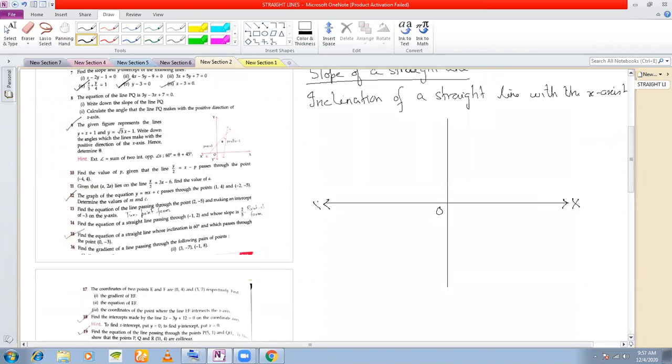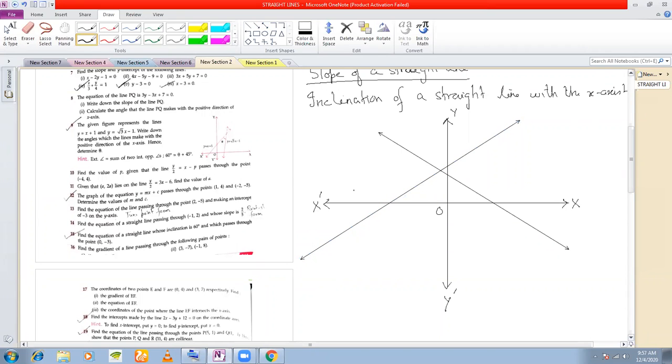This is your x-axis. And suppose you have a straight line like this, and you have another straight line, say like this. These two straight lines you have.